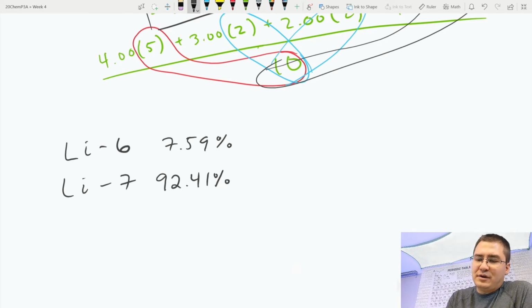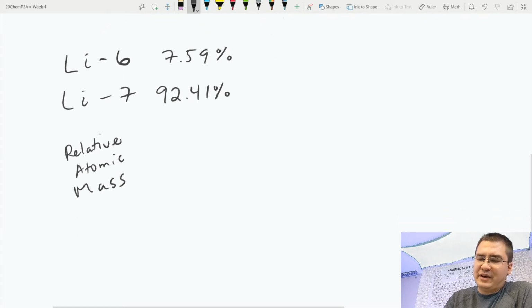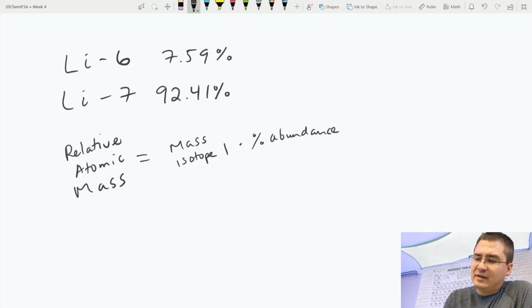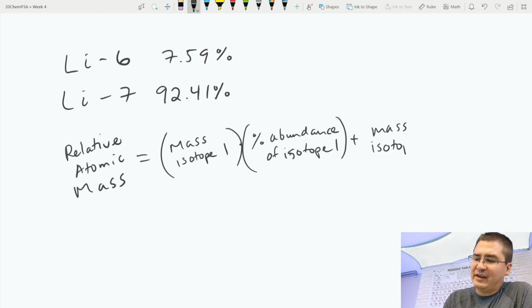Okay, so to calculate the relative atomic mass, I'll write this formula out for you. It's going to equal the mass of isotope 1 times the percent abundance of isotope 1, and I'll put these in parentheses, plus, I know this is a lot to write, but we're just going to get the hang of it, and then you don't have to write this.